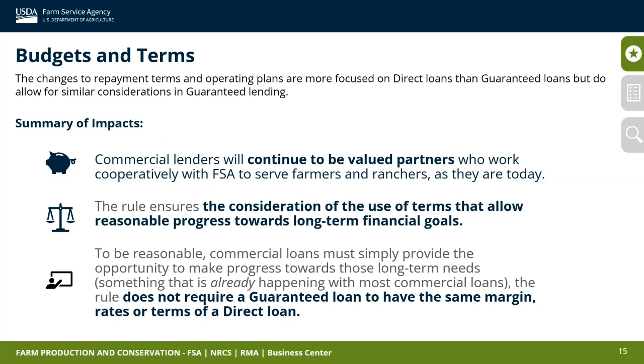That may be through guaranteed loans or participation or down payment loans. Hopefully, as a result of some of the changes with loan security, there'll be less interaction in the form of the need for subordinations and some of those types of activities. We do want to work with lenders, whether that's through guarantees or participation type loans. We want to have consistent cash flows, so that we're all basing things on the same thing.